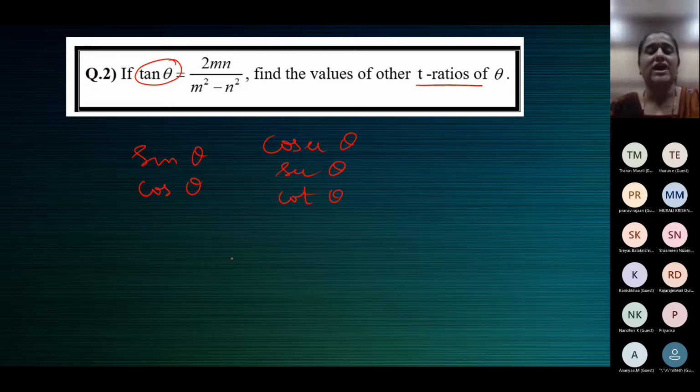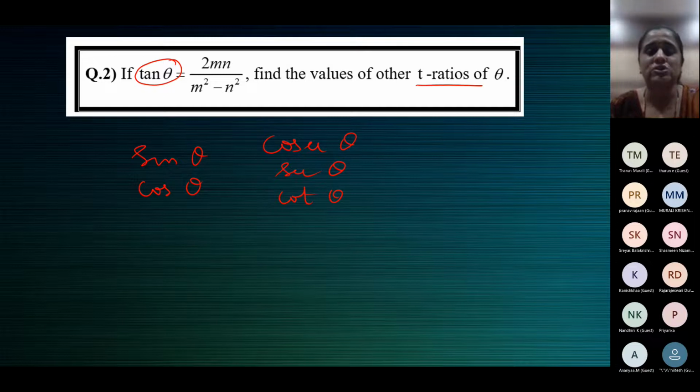The angle is theta. So the question says, given the value of one trigonometric ratio of theta, that is tan theta. What is tan theta? 2mn by m square minus n square.